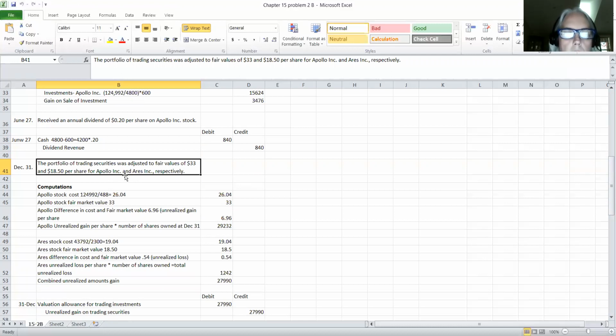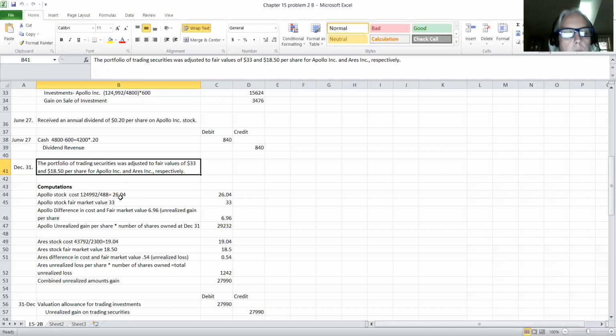We do not record them at cost, but we will record them at the fair market value on the balance sheet date. So what we have to do is some research about what's happened with our transactions. Remember, we have bought two types of trading securities. One of those is Apollo stock, and the other one is Air stock.